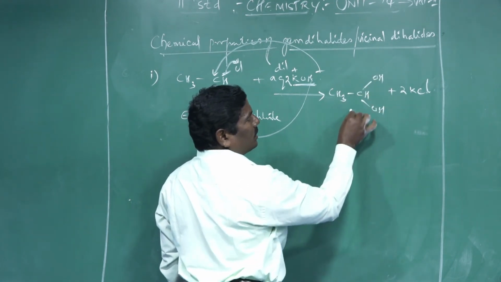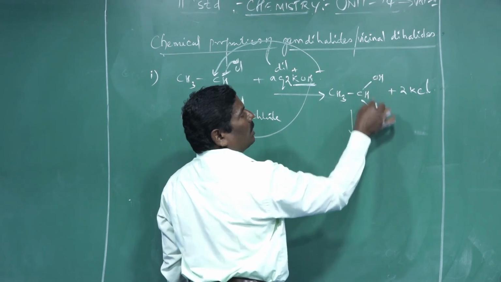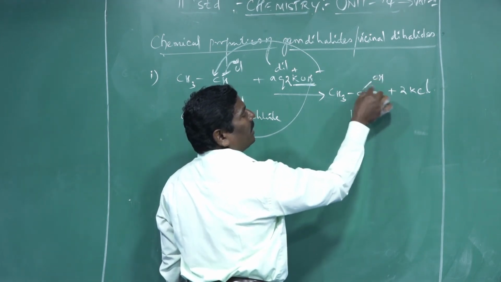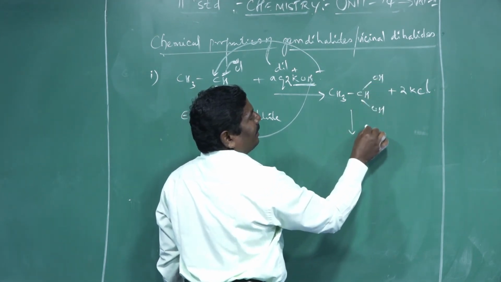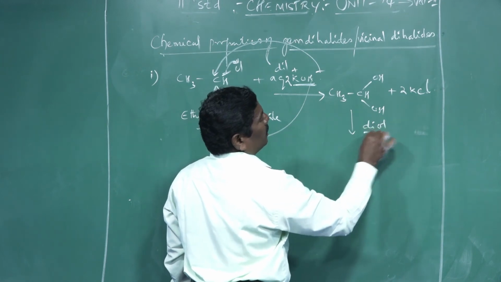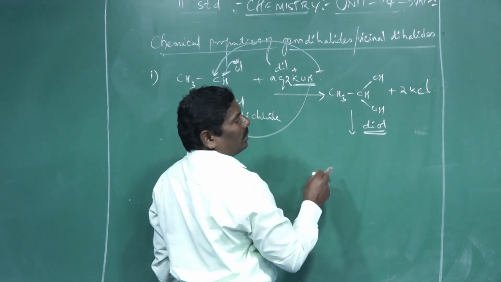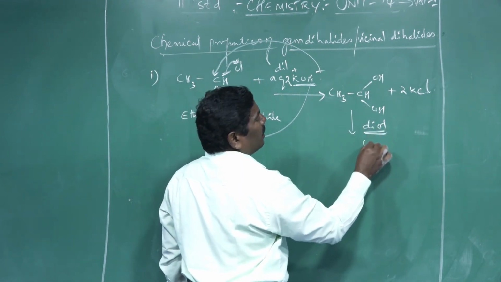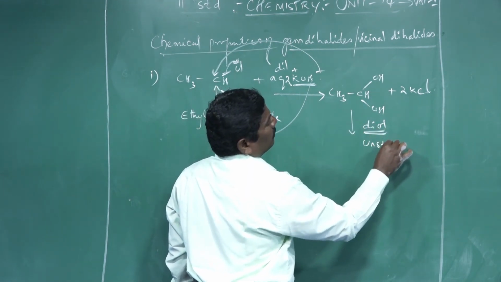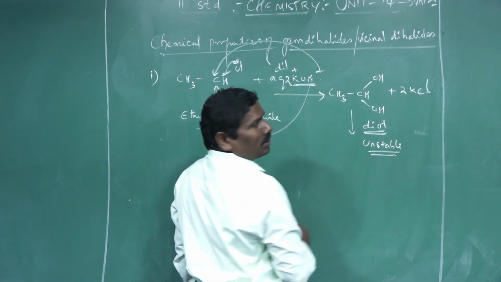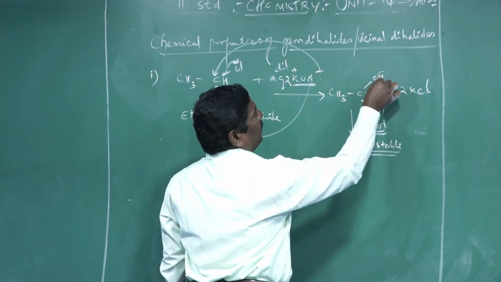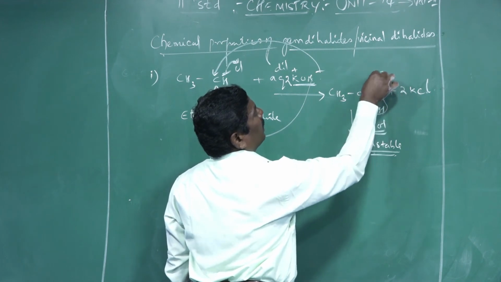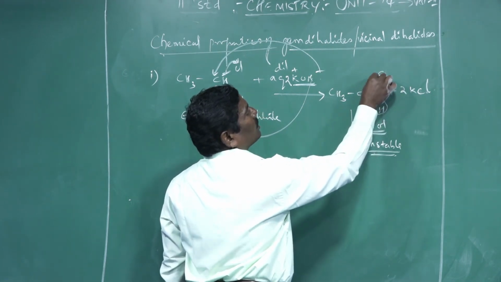Now there is a condition: 2 OHs are present on the same carbon. This is called a diol, a dialcohol, a geminal diol. This is an unstable compound, and it generates a water molecule.